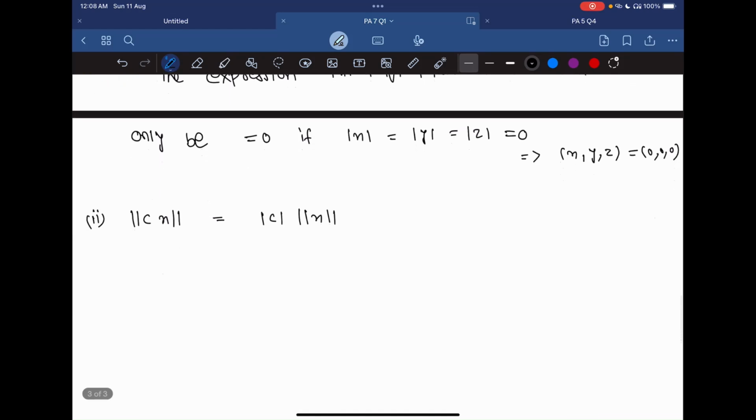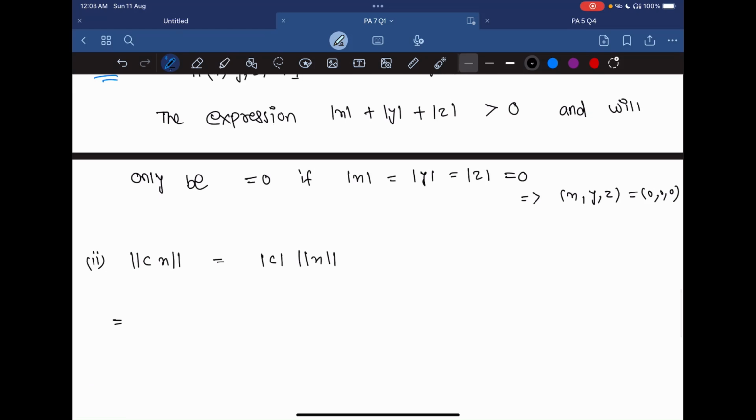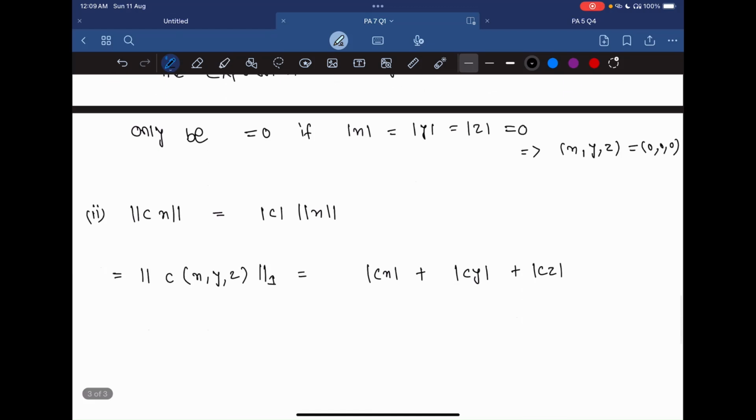So if we try checking it, and we can write the above expression as mod of c times mod of x plus mod of c times mod of y plus mod of c times mod of z.